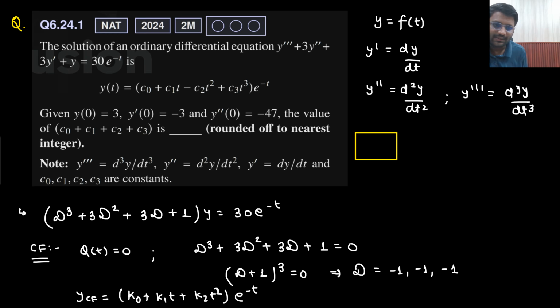Okay then. Now let's find out PI. For finding PI, Q of t will not be equal to 0.